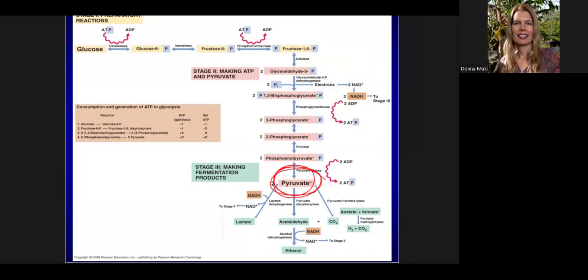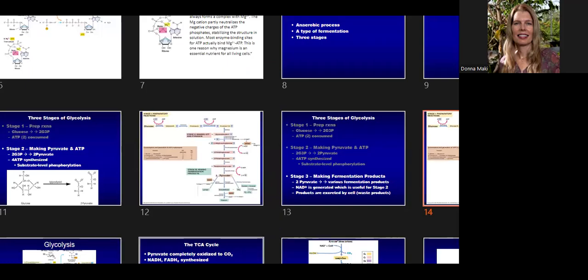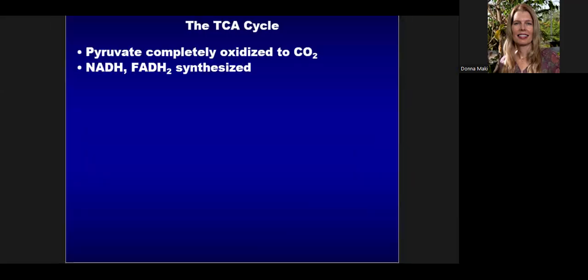You did not completely break down glycolysis or pyruvate. This is an incomplete breakdown. Incomplete breakdown or incomplete oxidation, not as good bang for your buck. And when I say bang for your buck, I'm thinking about ATP. How much ATP do you get out of this? So we'll talk more about fermentation in more detail, but let me go back to the TCA.